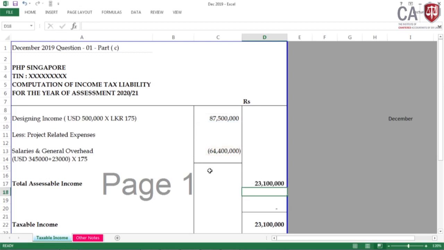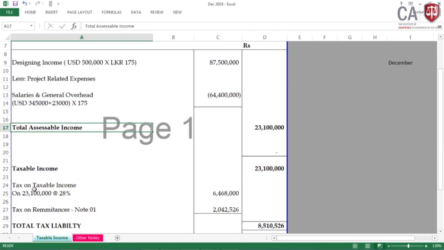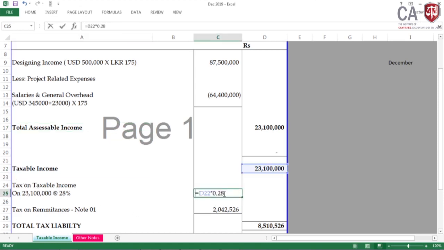Then total assessable income is the revenue minus this. That's why, Lamai, in the non-resident taxation questions, don't think that much about the standard format, starting from the PBT and allowing and disallowing. Don't think about that standard format. Wherever information is given, you have to start from that. Then total assessable income and taxable income, and for this 28% is your tax rate.